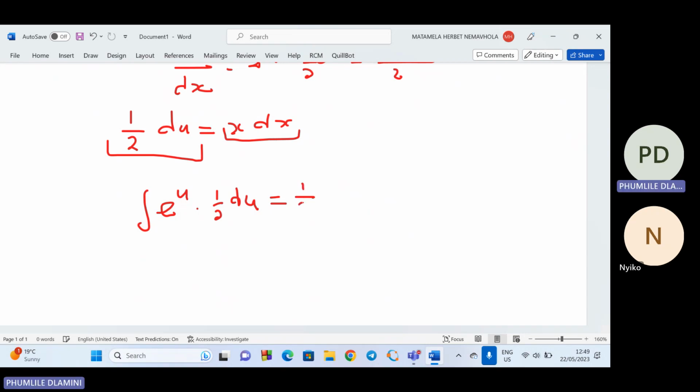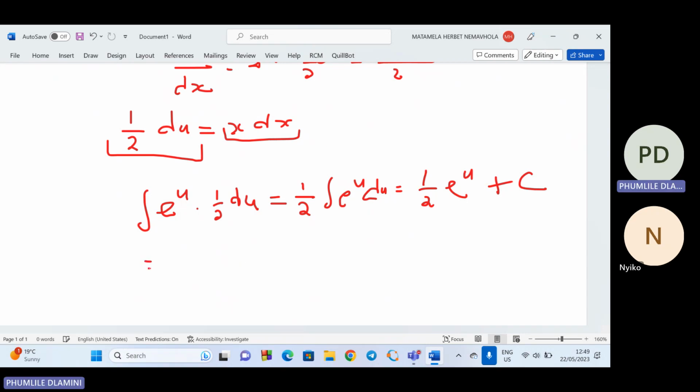I will have 1 over 2 integral of e to the power u du, which gives us 1 over 2 e to the power u plus c. Then I can substitute back u, which was x squared.